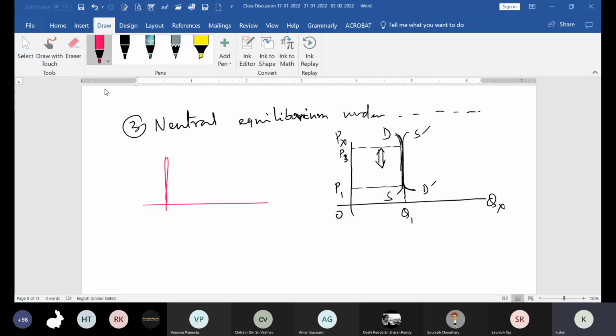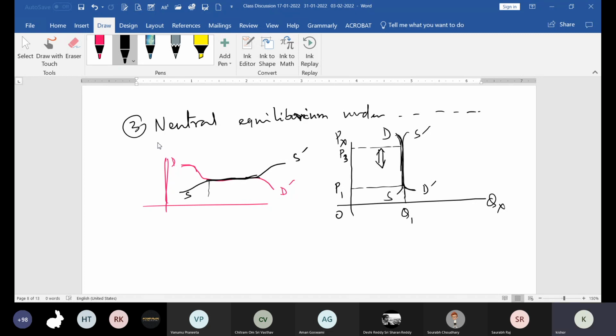Just rotate that diagram by 90 degree. Say like this, demand curve is like this, and supply curve is like this. In this particular range, this is overlapping, and after that, this is, suppose, supply curve.